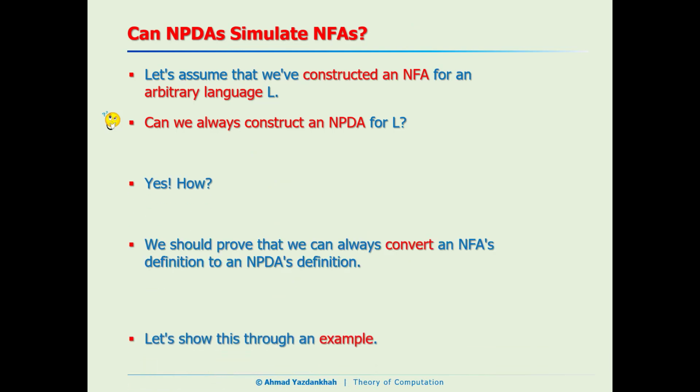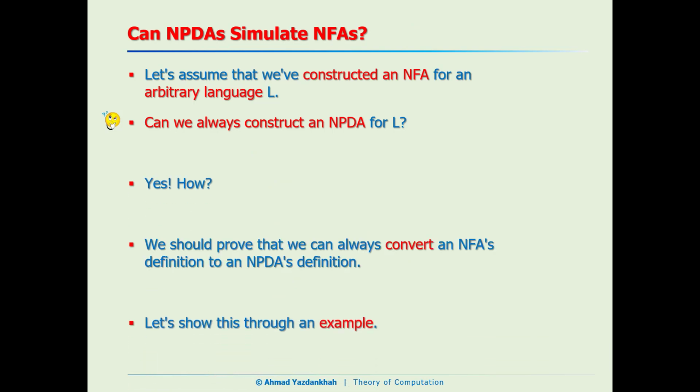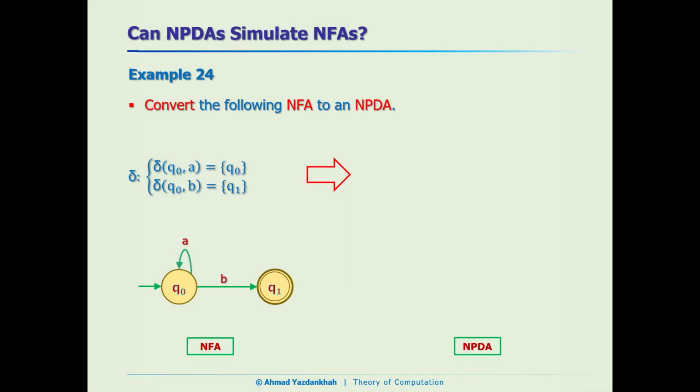Okay. How can we convert the definition of NFAs to PDAs? Let's explain with this simple example. This is an NFA, definitely, and this is the definition. How can I convert this definition to an NPDA definition? That's a very good question.